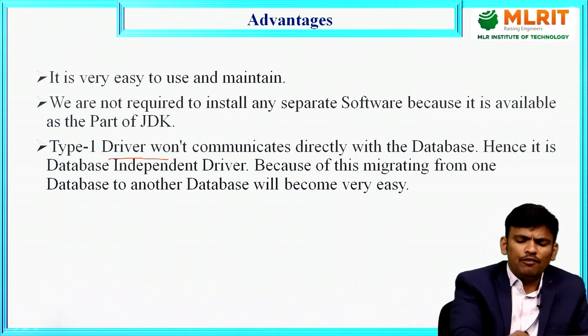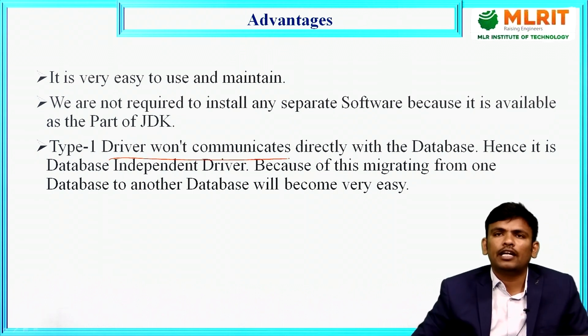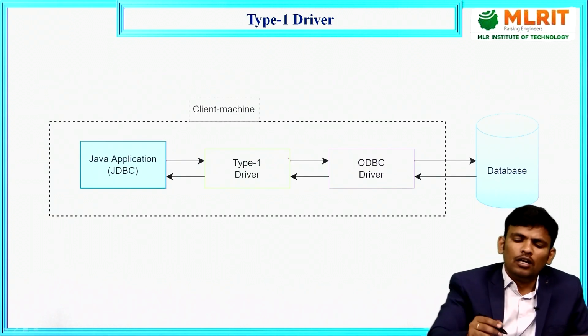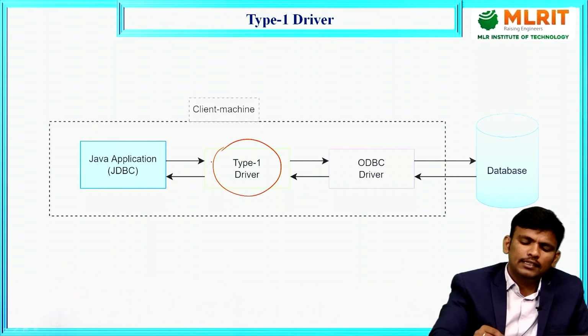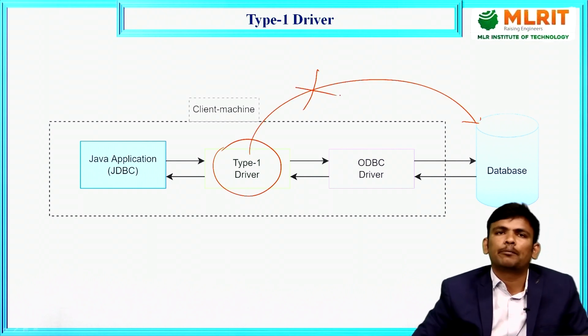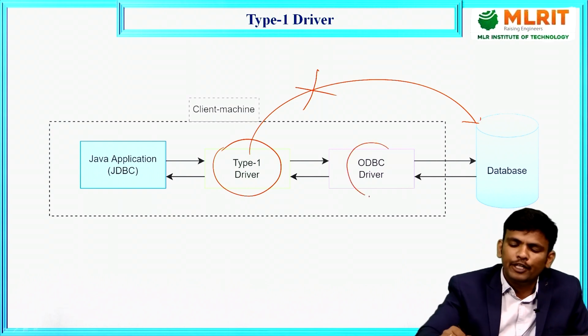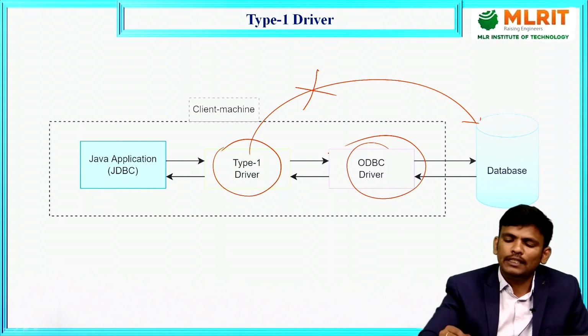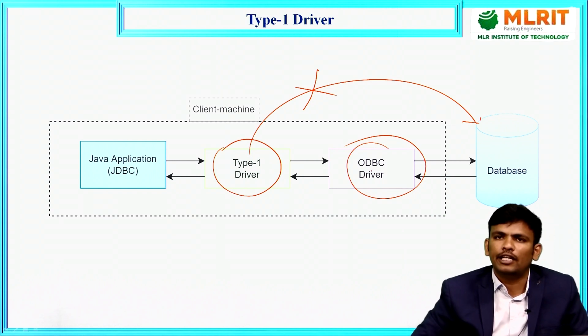This driver won't communicate with the database directly. If you observe this diagram, the type 1 driver never communicates with the database directly. In between we are going to use the ODBC driver, and the ODBC driver will directly interact with the database.